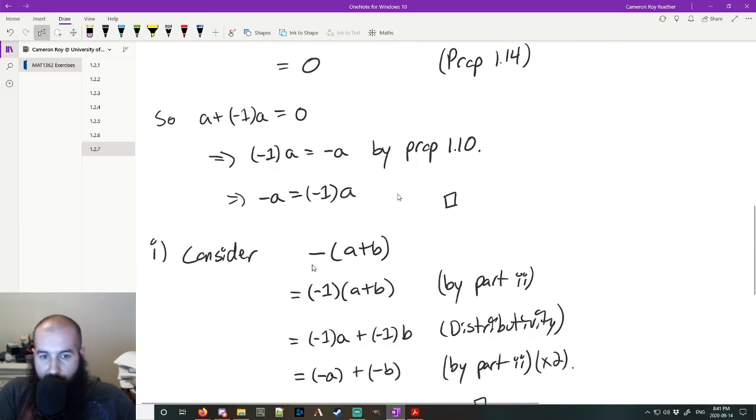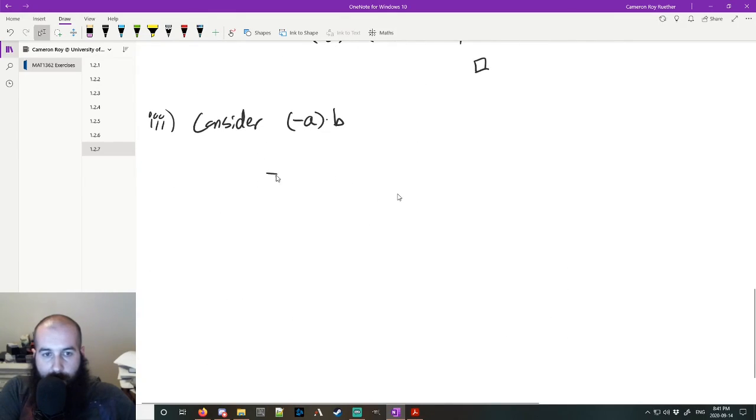The same trick is we're going to write it as -1 times something using part 2. So this is equal to -1 times a, those were multiplied together, and then multiplied by b by part 2. Now we'd like to get this -1 next to this b so that we can use part 2 again to get the additive inverse of b.